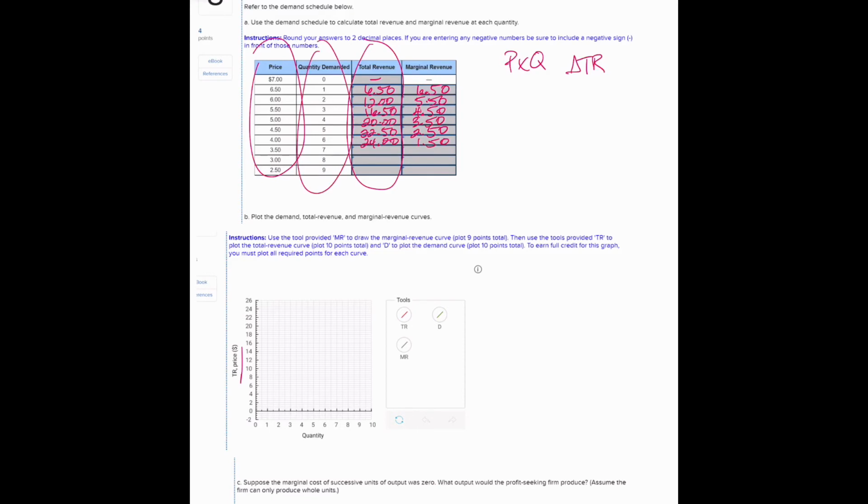So if we plot our total revenue curve, we're going to do it based on the relationship between quantity and total revenue. So for the first one, the quantity of 1 is going to have total revenue of $6.50, and you're just going to plot these points. 2 has total revenue of 12, and so on and so forth.